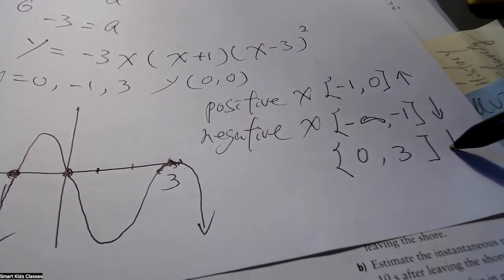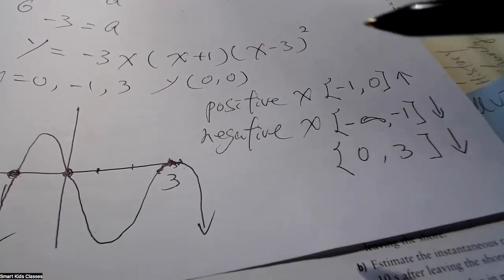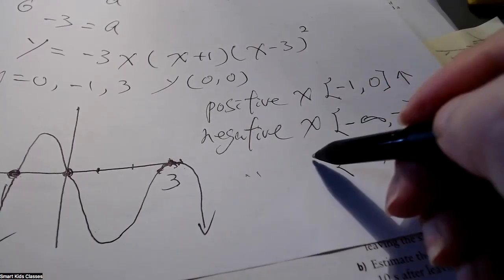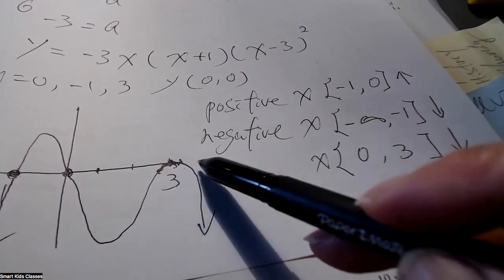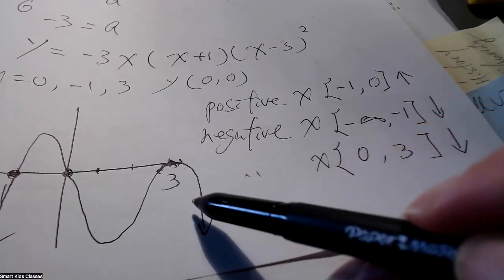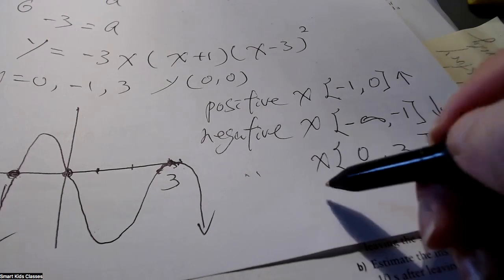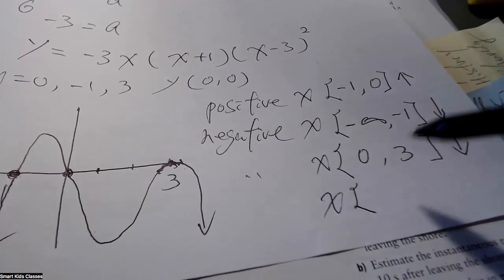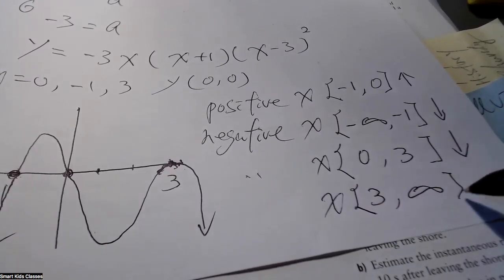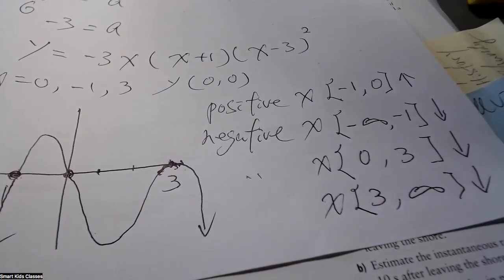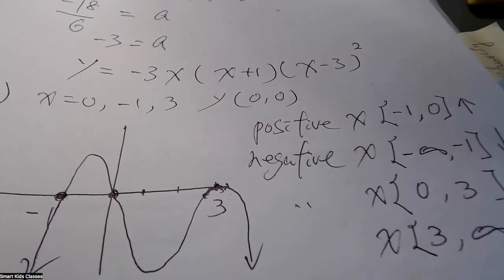It's also decrease and negative. So I put 2 points. And then from 3 to infinity is also negative y. So you're going to put x. And that's how we finish question C.